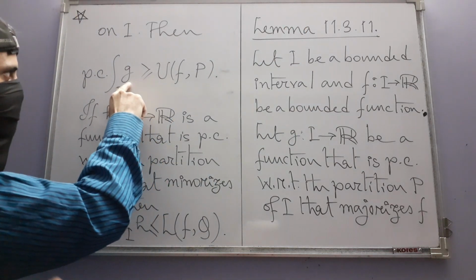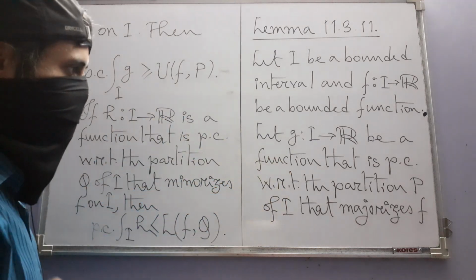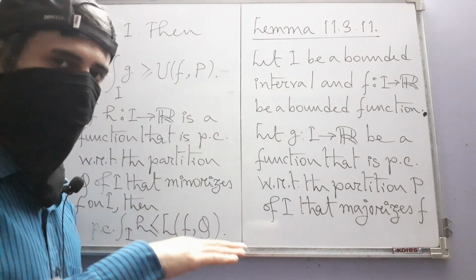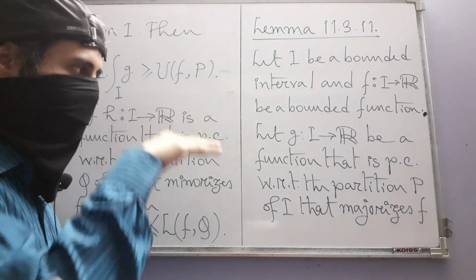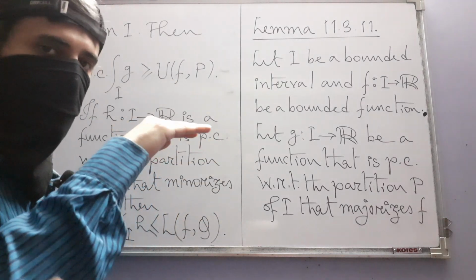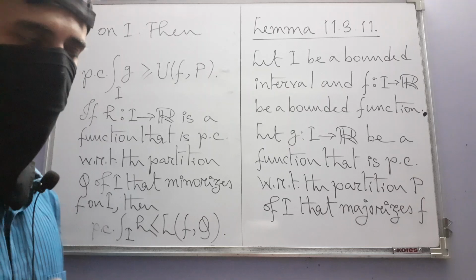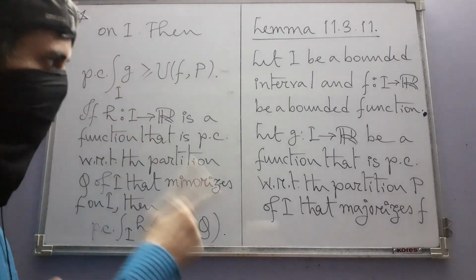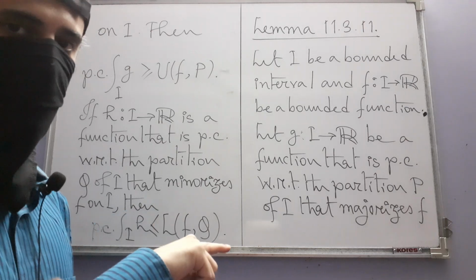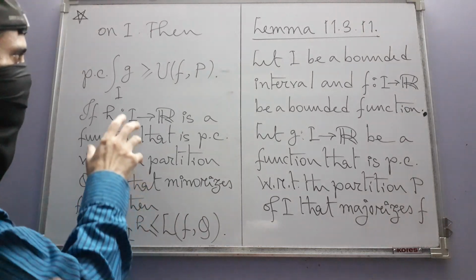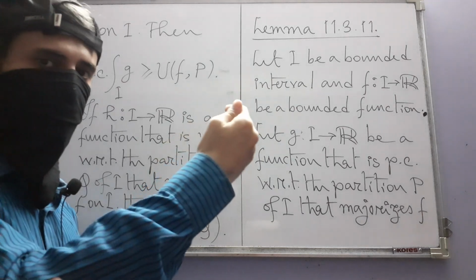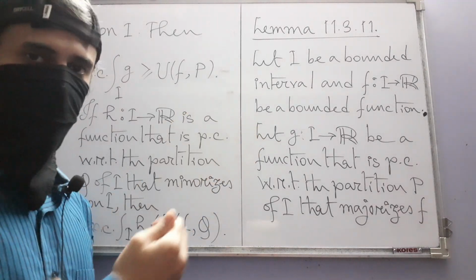So whenever you take a function like g, which is piecewise constant and which majorizes f, at every stage its value is greater than or equal to the corresponding f value. Then the PC integral of g approximates the upper Riemann integral of f, but from above, because the upper Riemann integral by definition is the greatest lower bound, infimum.